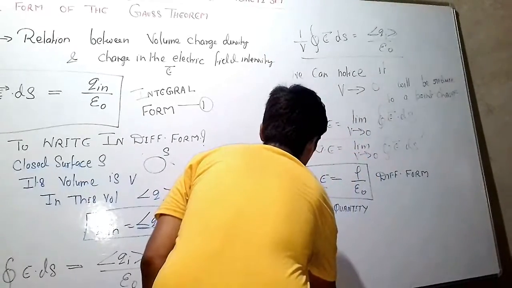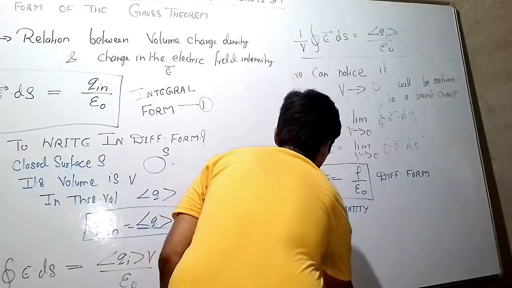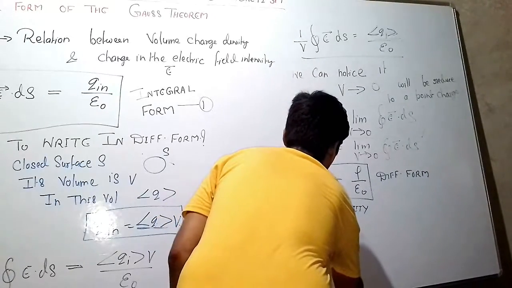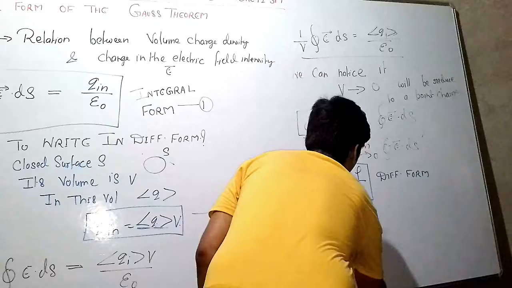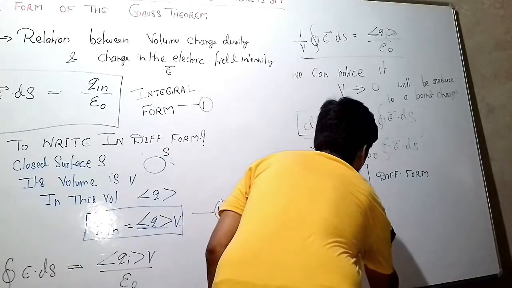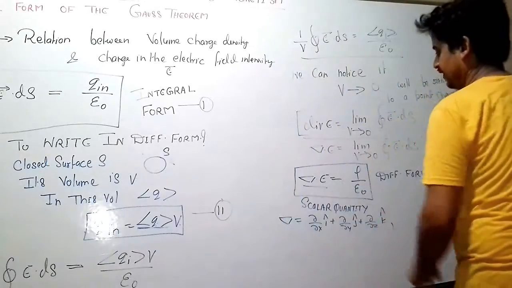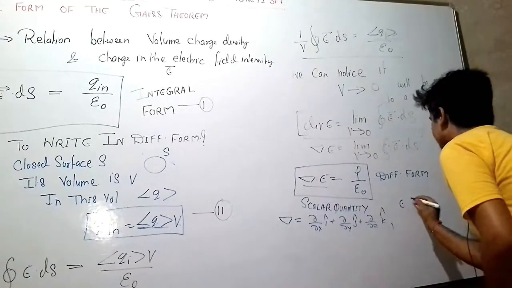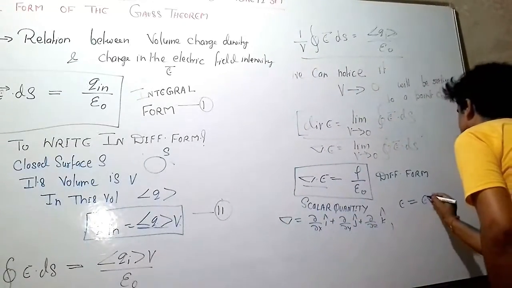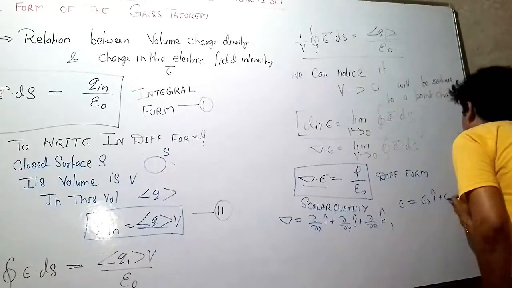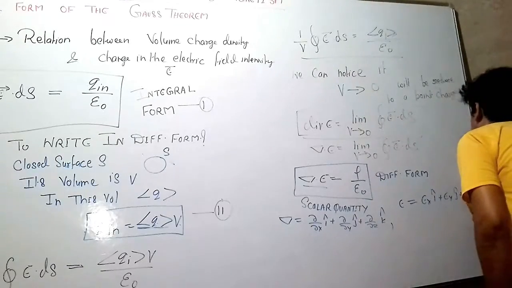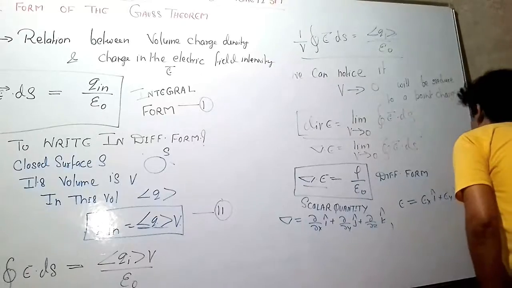Now this del operator is simply del by del x i plus del by del y j plus del by del z k, and we can also write E as Ex i plus Ey j plus Ez k.